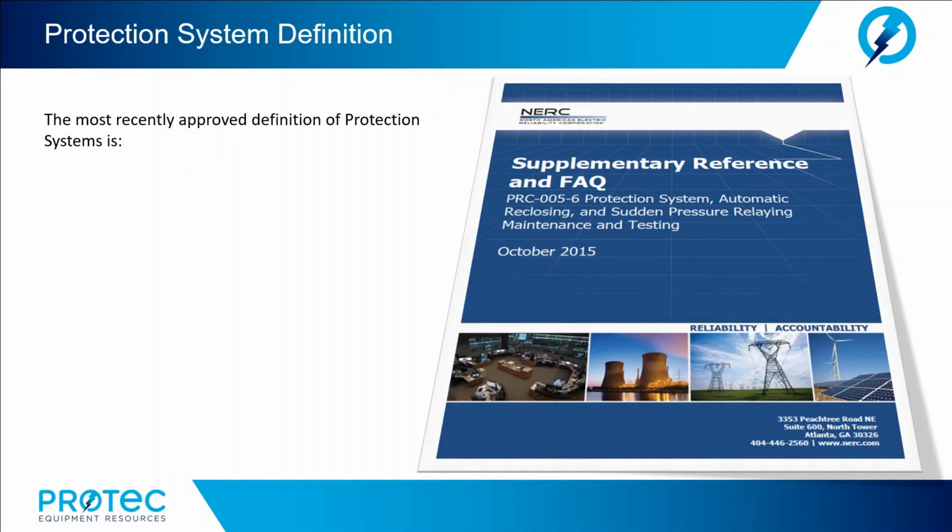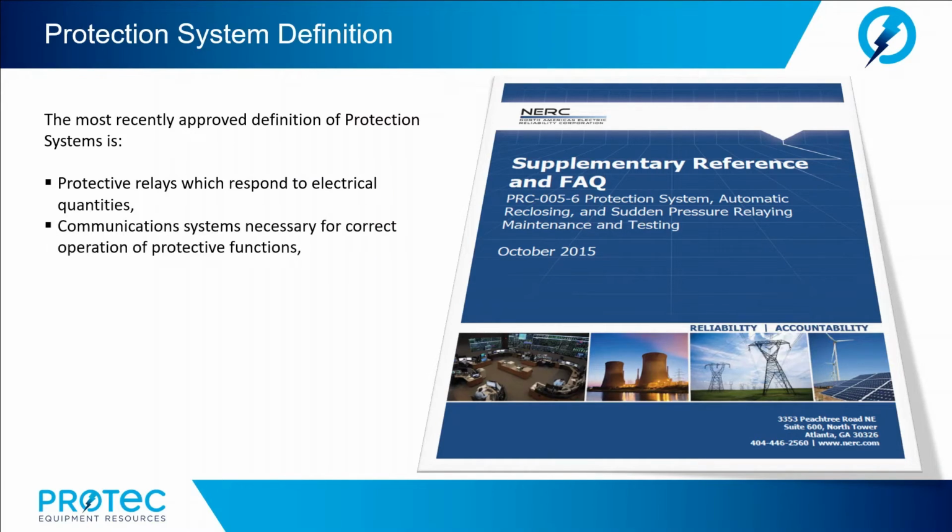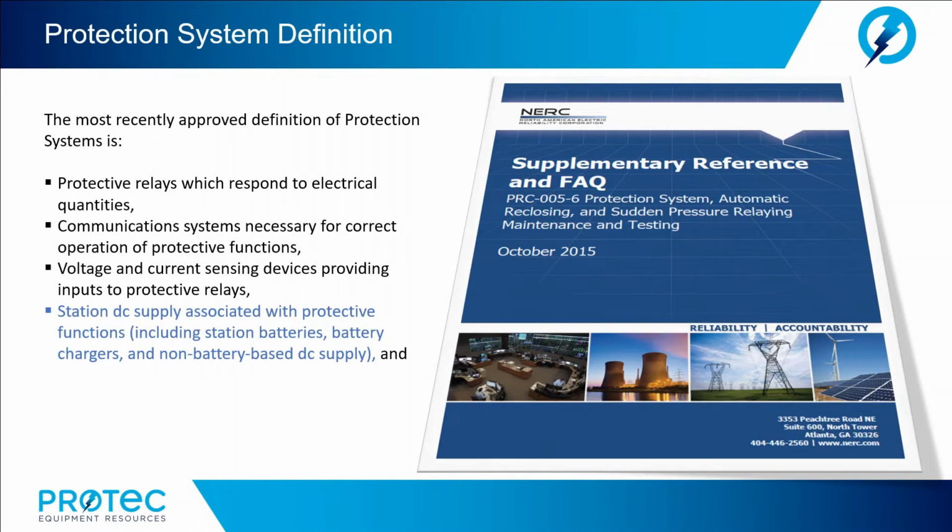So let's look at the definition of protection system. The most recent approved definition of a protection system is protective relays which respond to electrical quantities, communication systems necessary for correct operation of protective functions, voltage and current sensing devices providing input to protective relays, station DC supply associated with protective functions, including station batteries, battery chargers, and non-battery based DC supply.